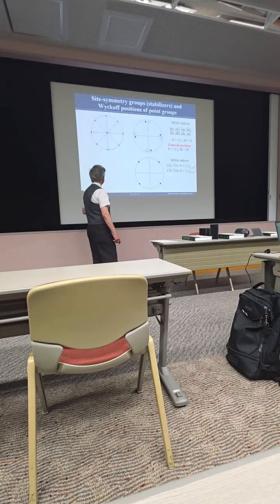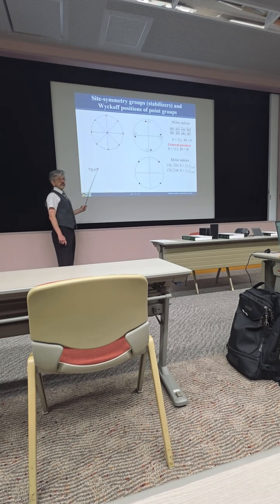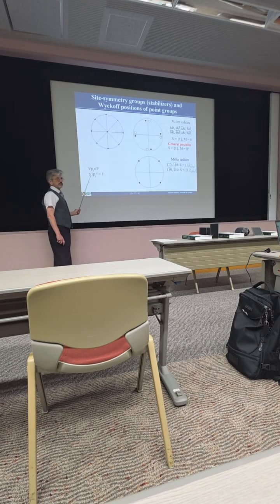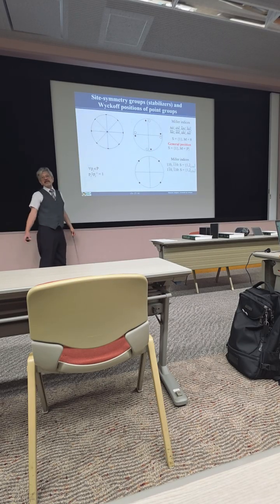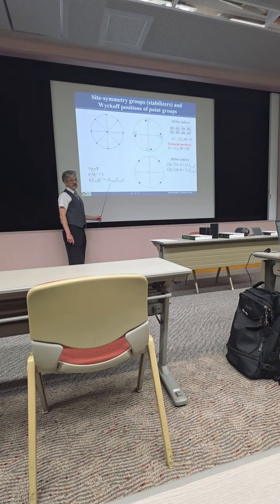However, they are conjugate under P. Take any operation belonging to the point group P and do your conjugation. So if you act on the identity, well, you get only the identity, of course. But when you act on 2 1, 1, 0, you get half of the time 1, 1, 0, and the other half 1, 1-bar, 0.